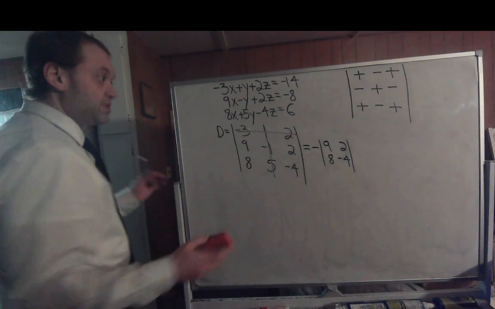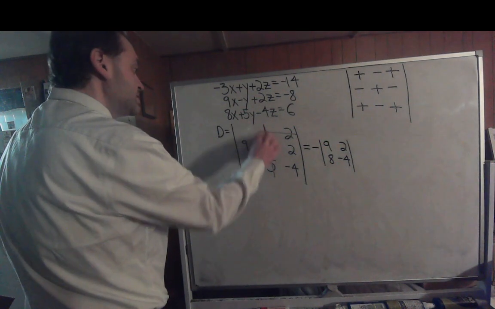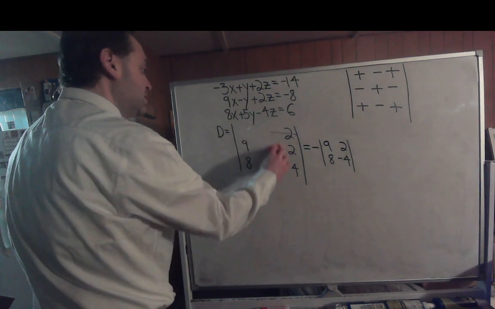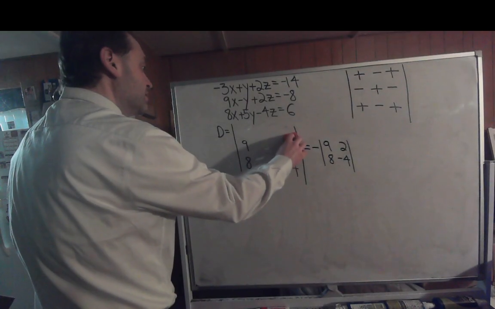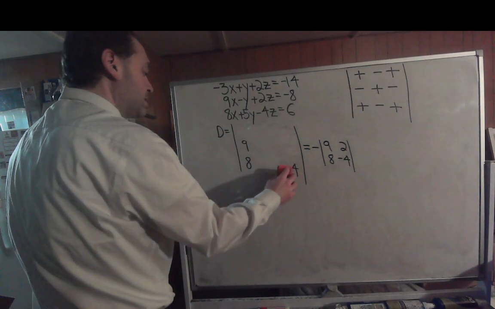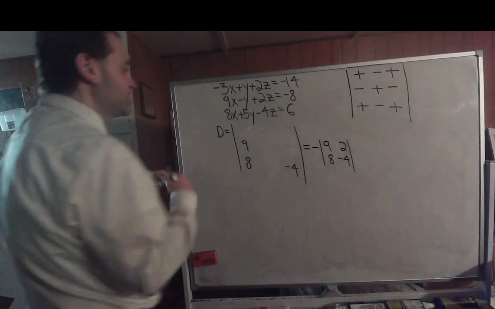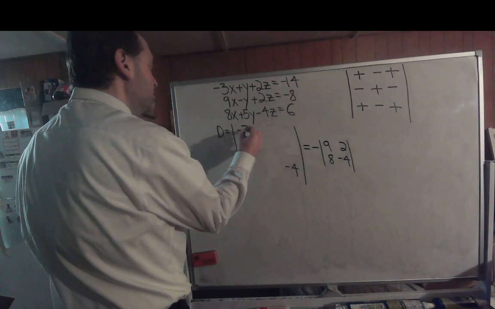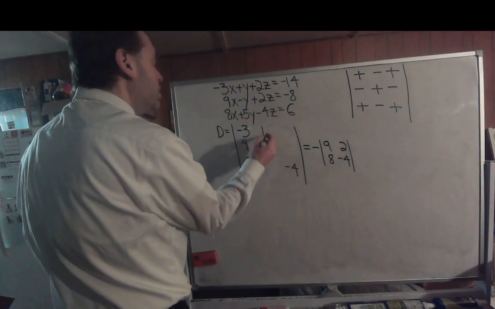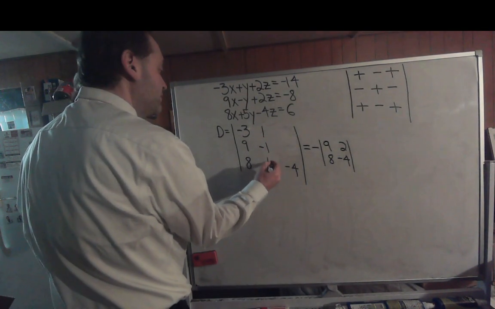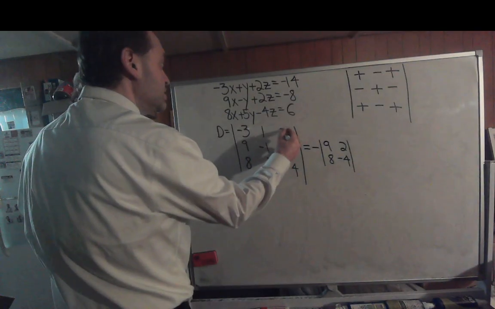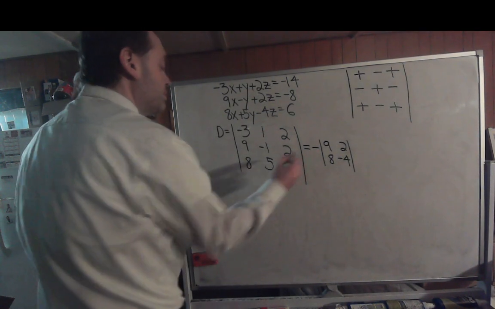Now let's deal with the next determinant in this. So I'll have to rebuild this again here. Wait, why did I scratch that one? I can rebuild that, no problem. -3, 1, -1, 5, 2, 2. Okay, there we go.